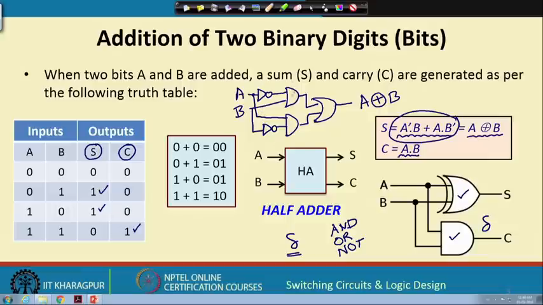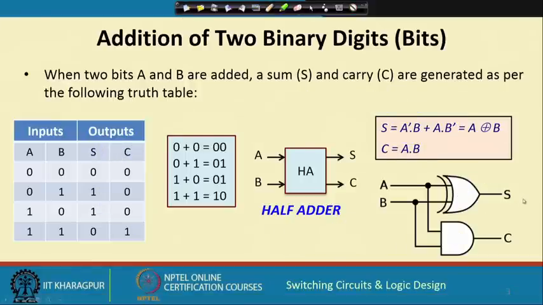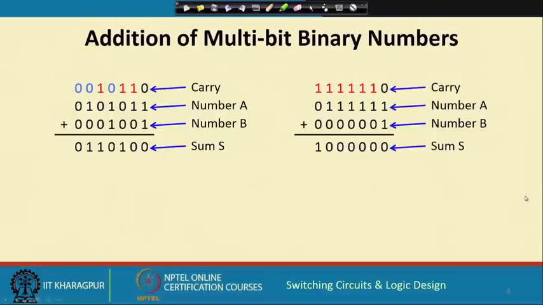There are 3 levels. So, the delay will be thrice delta. So, you should remember this, if delta is the delay of a basic gate, then for a half adder, sum will require 3 delta and carry will require only delta to generate.